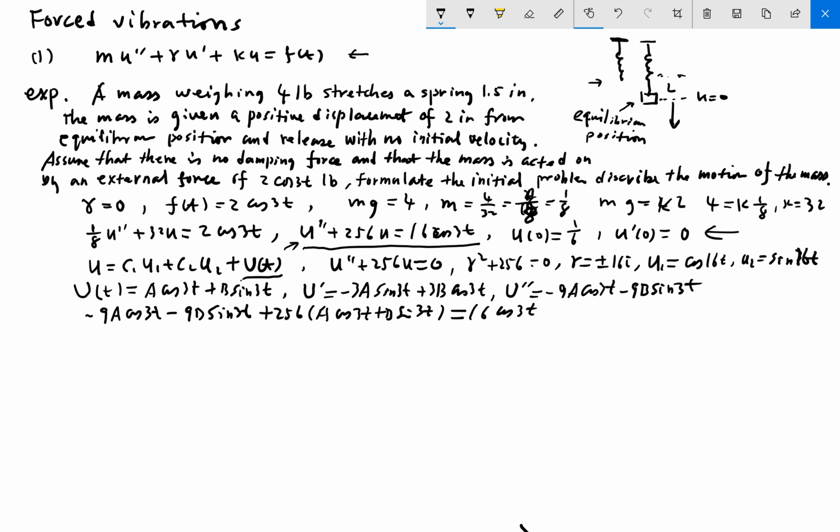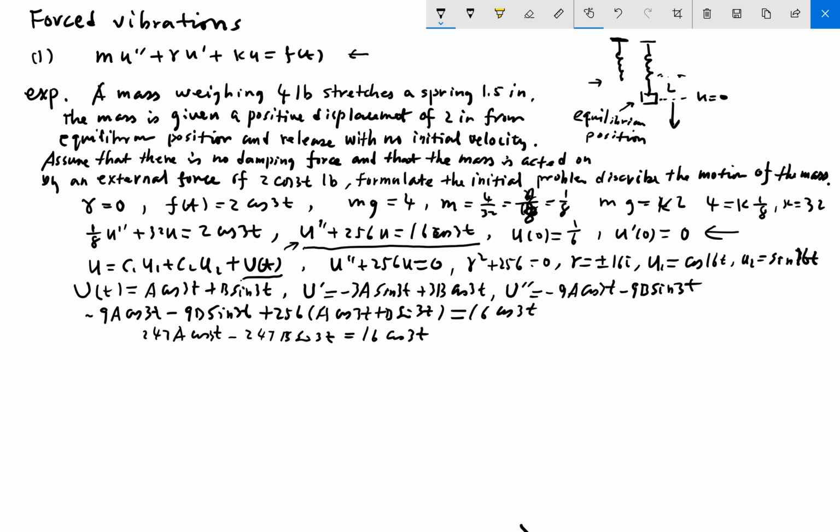Now, let's put all the terms with the cosine 3t together. 256 subtracted by 9 gives you 247a cosine 3t, then minus 247b sine 3t equal to 16 cosine 3t.